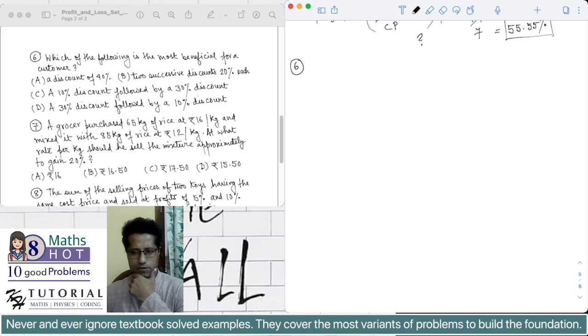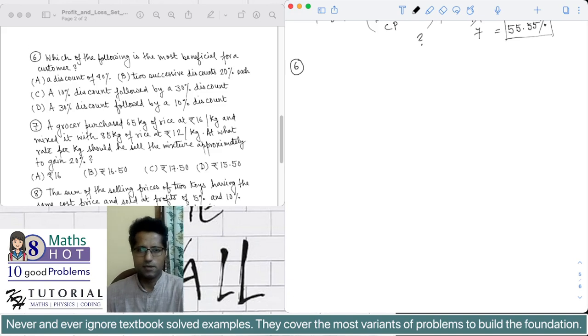Now, what does it mean when it asks which is the most beneficial for a customer? It will be beneficial for the customer if the selling price becomes the least. For all the choices, if we can find the selling price, whichever is least should be the most beneficial choice for the customer.